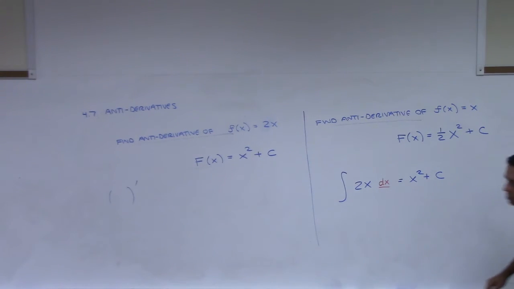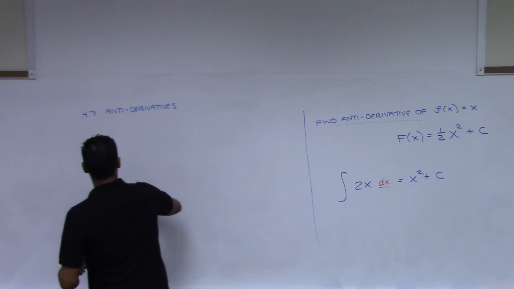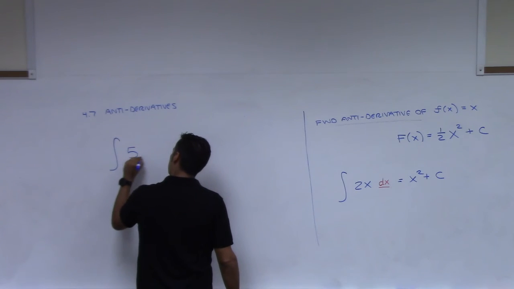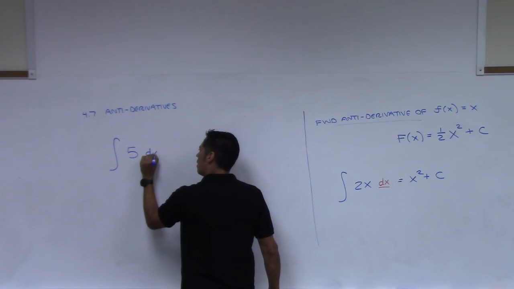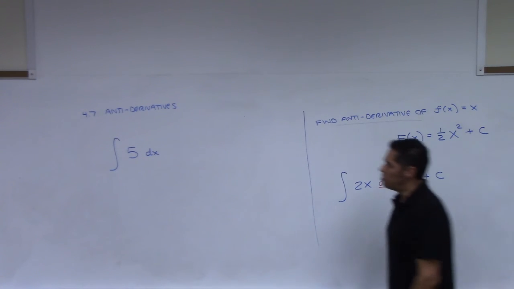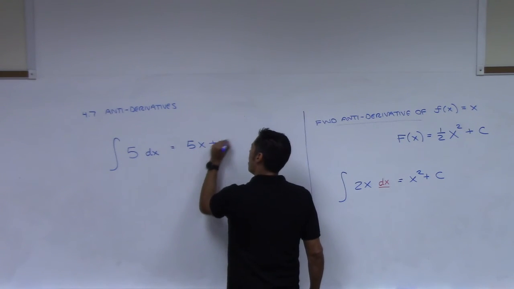Okay, so let's do another one. What would the antiderivative of 5 be? And that's not correct to just write 5, right? I need to put this little differential dx there. That's just, what? 5x, right? Plus a constant.